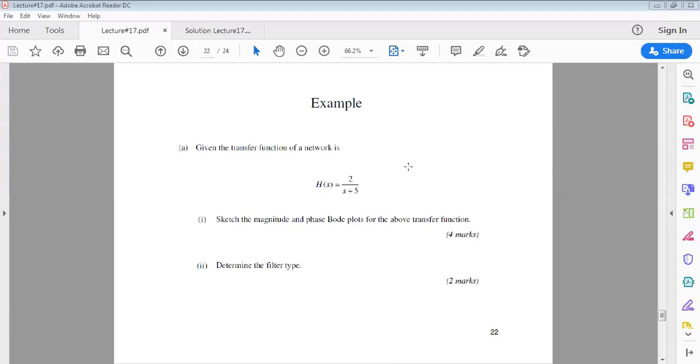For this example, we are given a transfer function of a network, H(s) equals 2 over s plus 5.